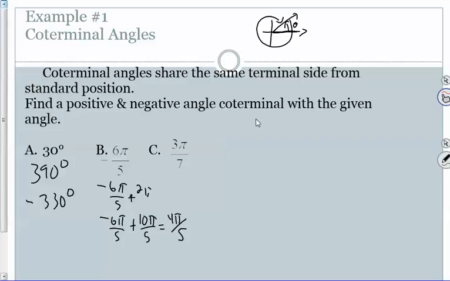The same thing if I subtract it. So if I go negative 6 pi over 5 minus 10 pi over 5, the negative one is negative 16 pi over 5, if that makes sense. Why don't you try to do C, 3 pi over 7, give me a positive and a negative coterminal angle.